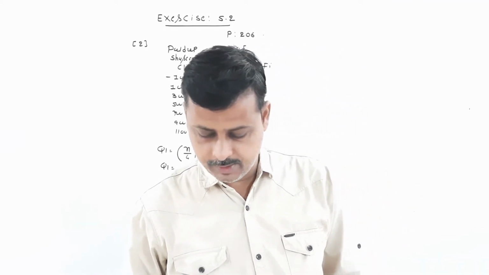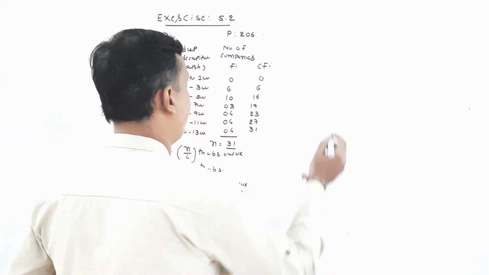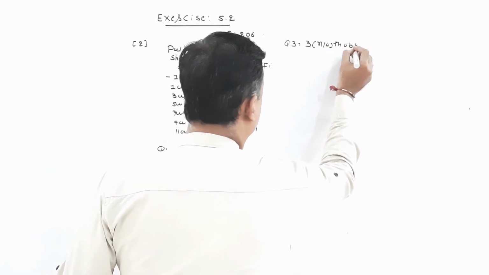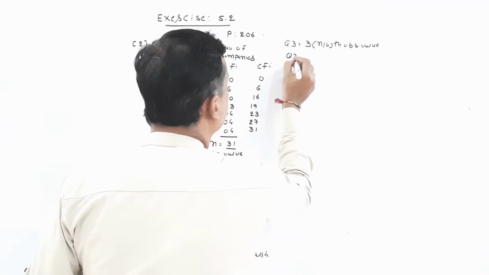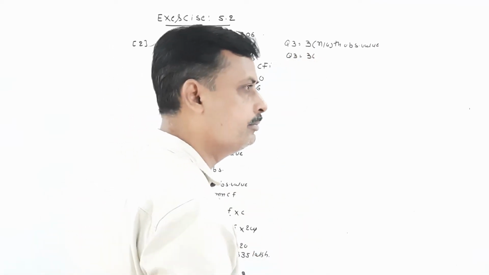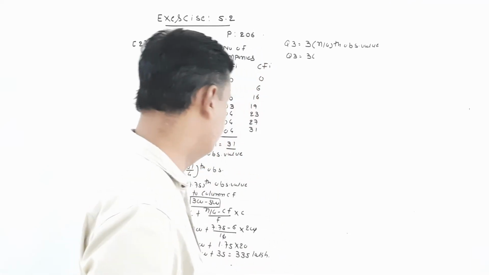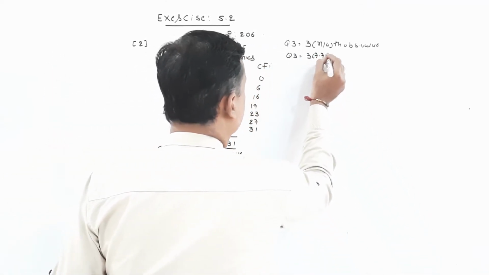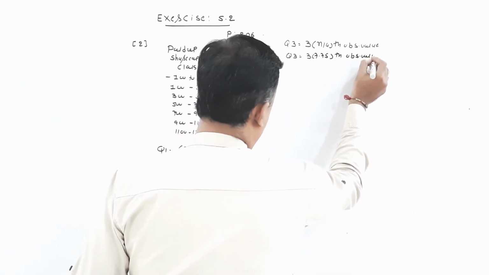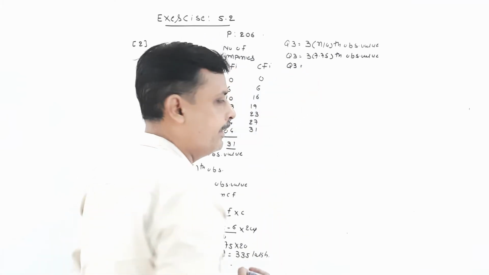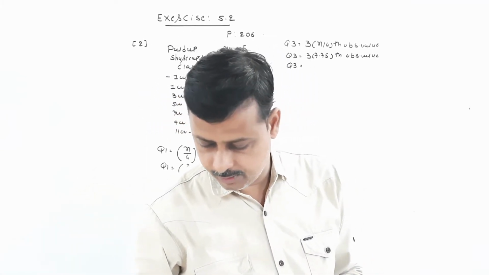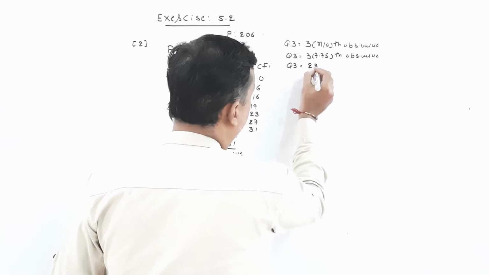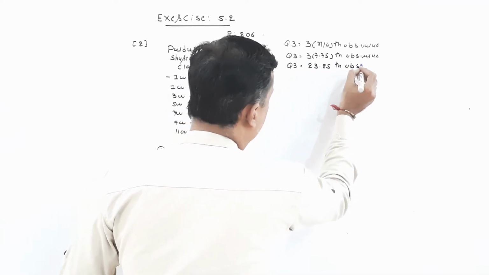Now Q3 is required, 3n by 4th observation value. n by 4 is 7.75, so 3 into 7.75 is 23.25th observation.